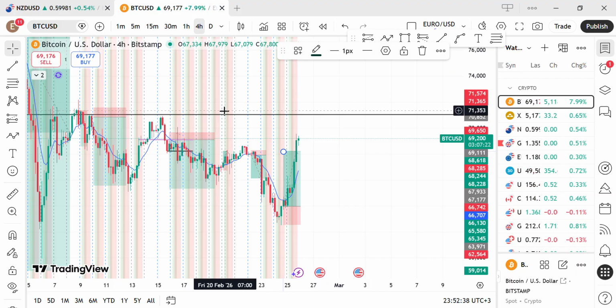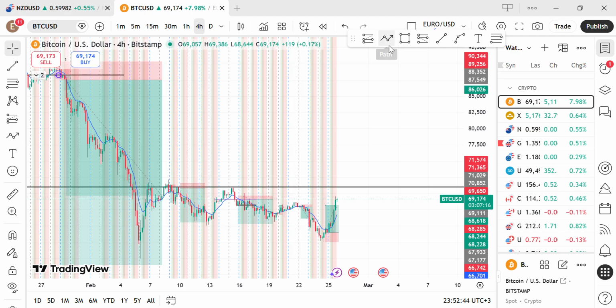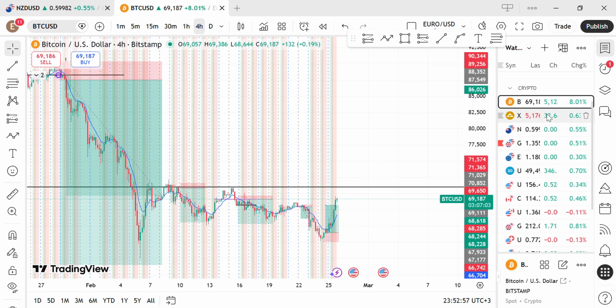Looks like it's buying all the way. So I'm assuming it will buy all the way till here. Retrace, break. I'm thinking that is what's going to happen. So what happens here?